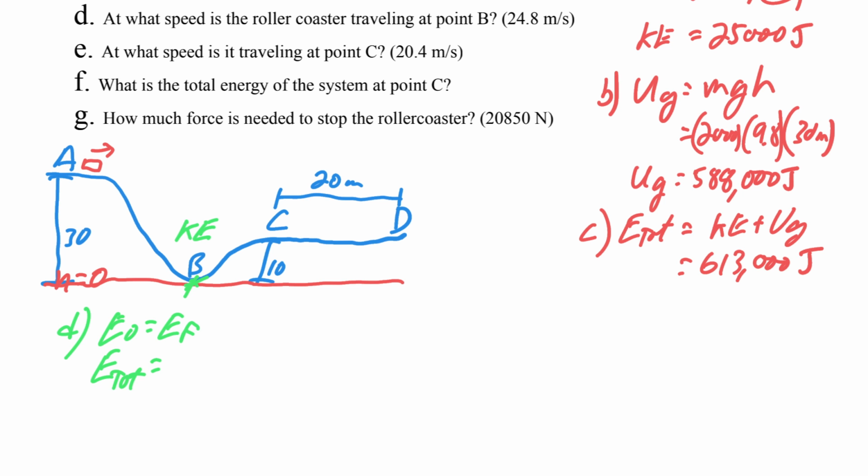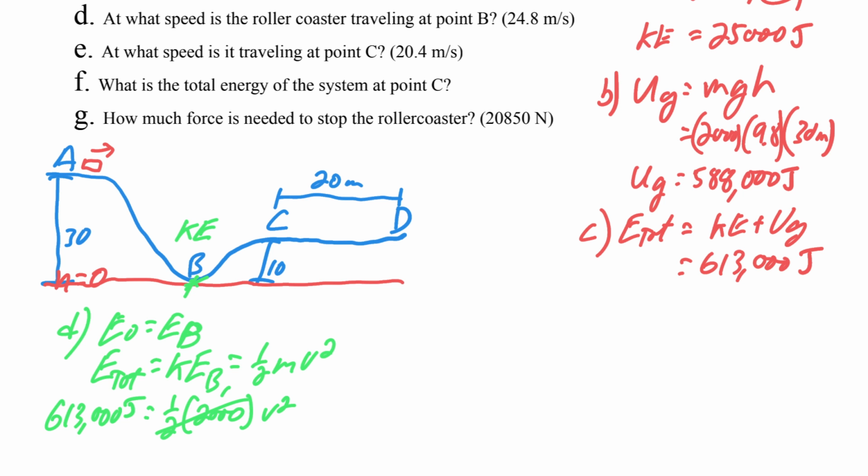Once you know that, you can just keep that throughout the problem. So the energy at B is, I really should probably just write kinetic at B, right? The kinetic at point B is 1/2 mv squared. So that would be 1/2, again the mass was 2,000, times v squared. And again, that was equal to the total energy, which we got to be 613,000 joules.